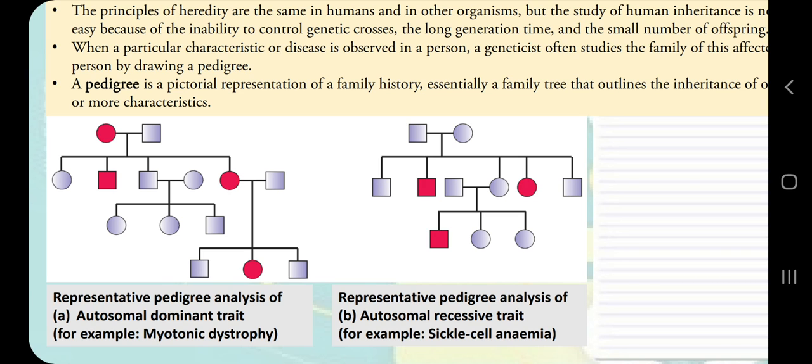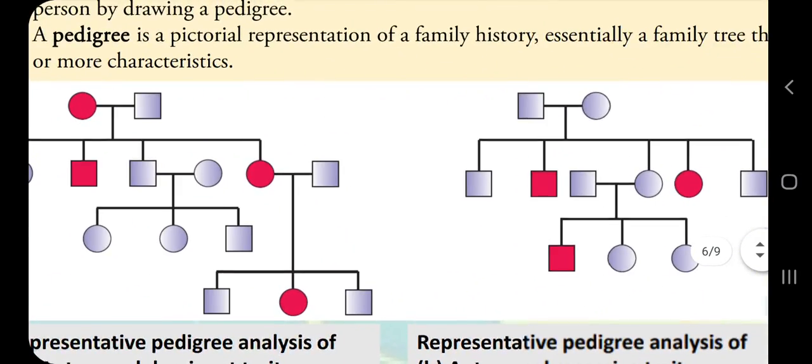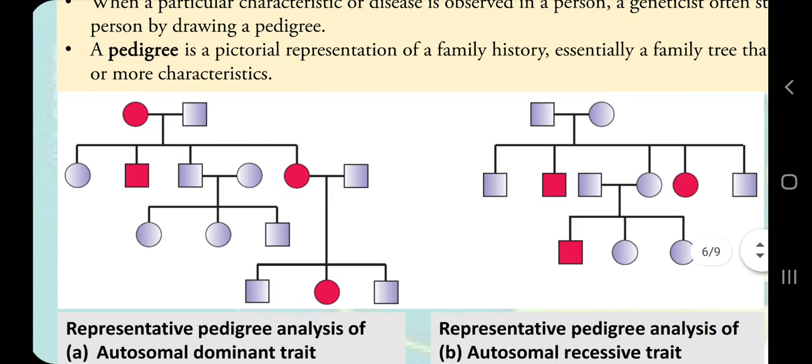Now if we know what we are studying, then it is easy to make predictions, but by simply looking at any pedigree chart, I am going to give you some tips so that you can determine whether this pedigree chart belongs to any autosomal trait, any sex linked trait, any dominant trait, or any recessive trait.